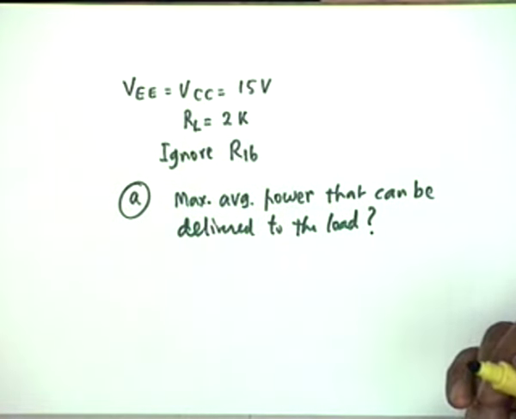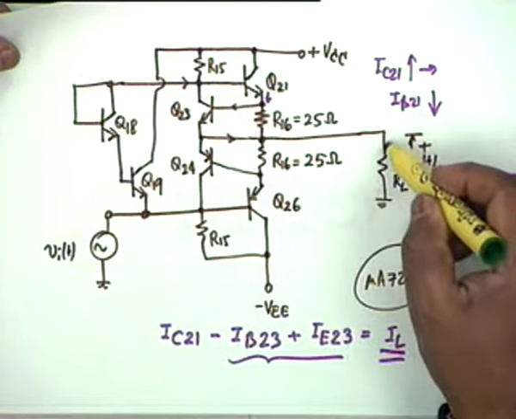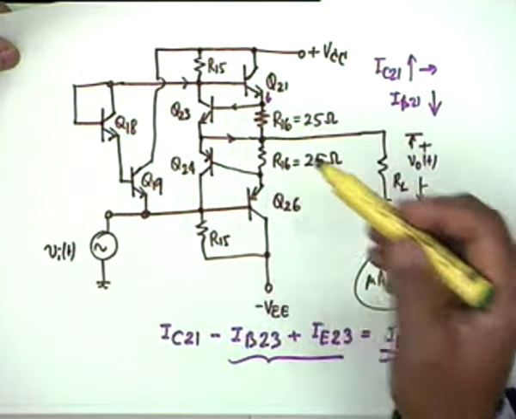Okay, this answer is absolutely simple. What is the maximum swing that is permitted across the load? Maximum possible swing. Ignore the effect of R16.